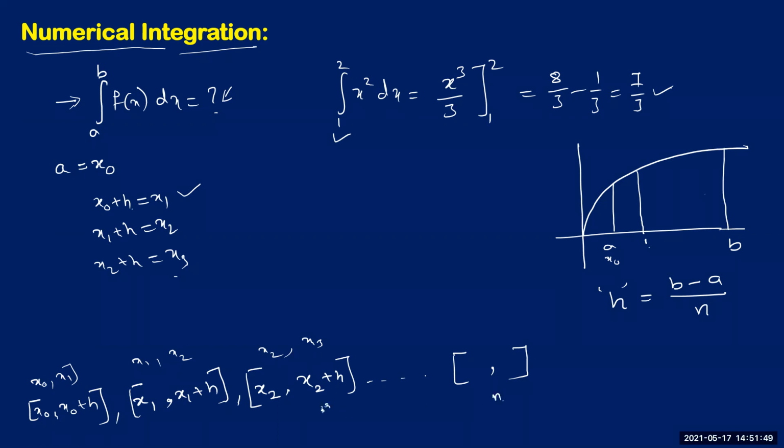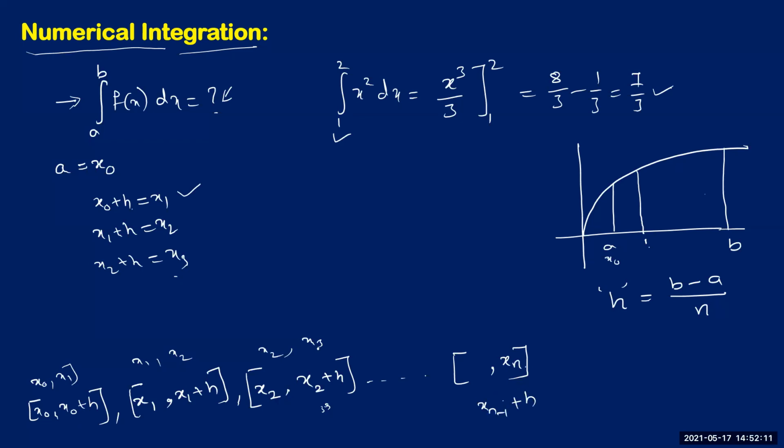Third x3, second x2, first x1. In a similar way, in the nth interval, xn will be the last point. And remember, though you're writing it as xn, it will be its previous point plus h.